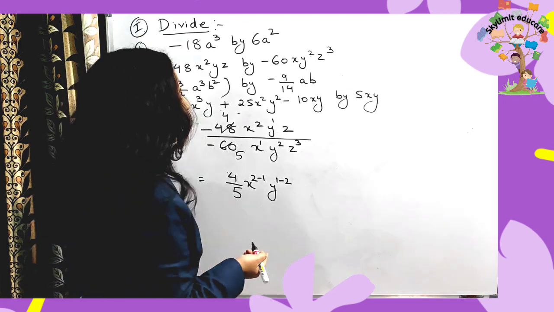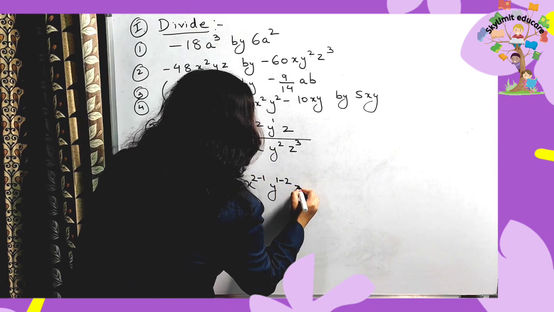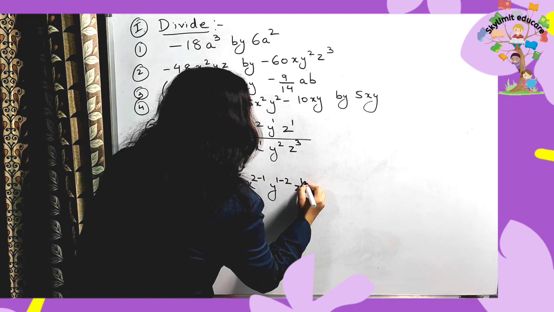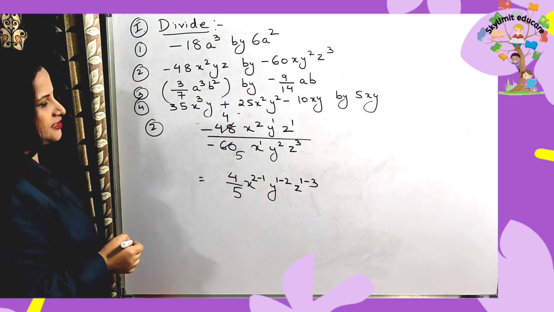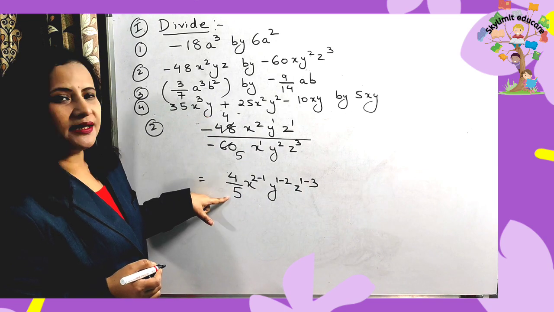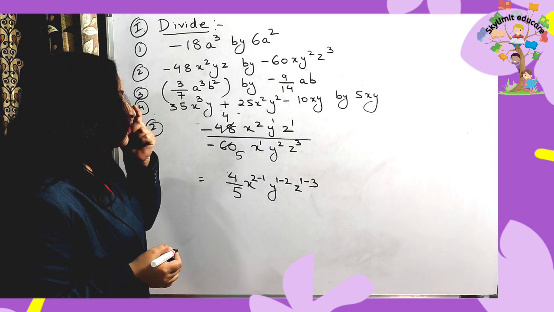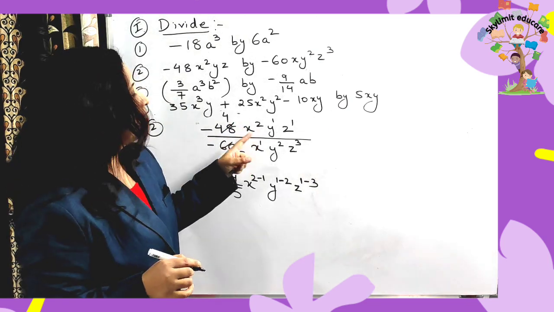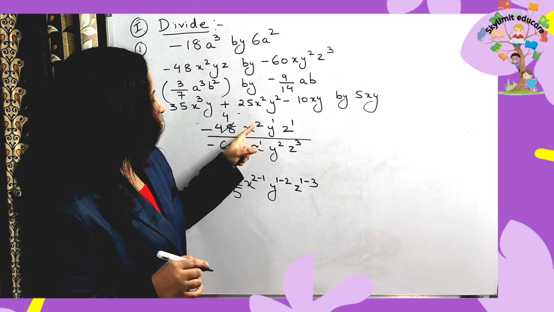It's always numerator's power minus denominator's power. You get a negative power here, right? Then z. Here the power is 1 in the numerator, so 1 minus 3. Just look at it. You have divided the number parts separately. Now these have the same bases, so exponents: numerator's power minus denominator's power.